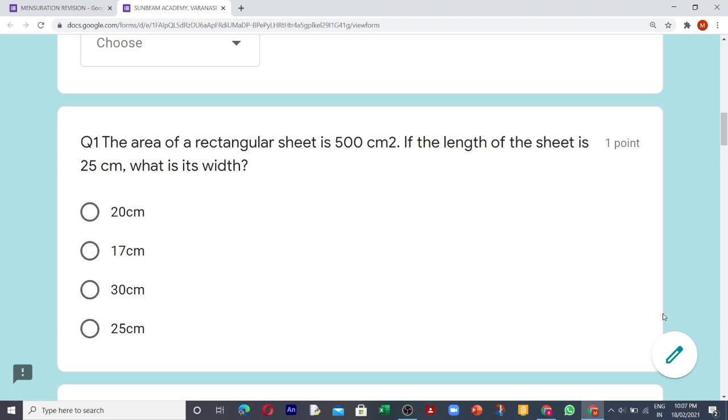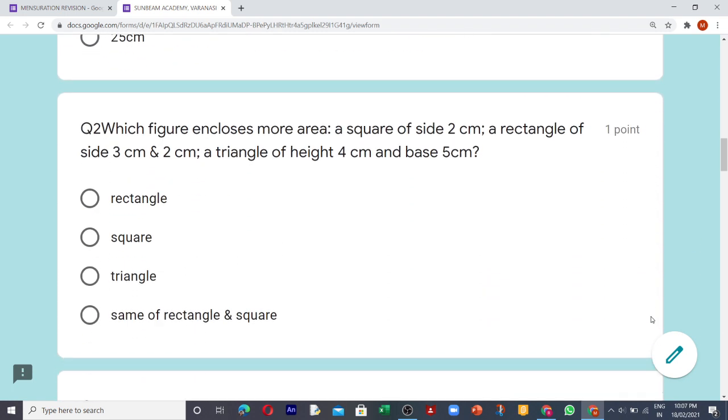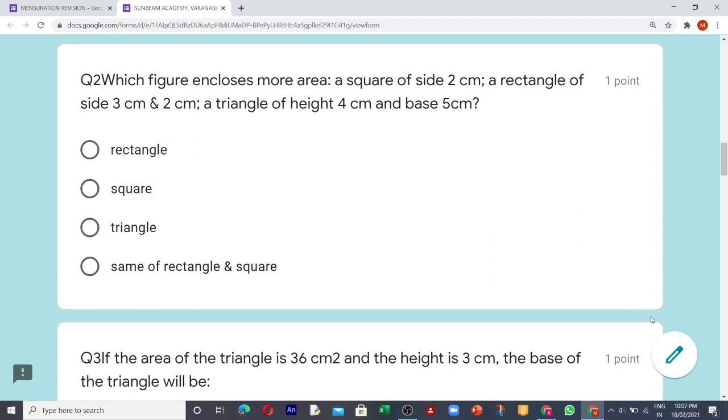Now see the next question. This is the second question. Once you click on the link, you will get it automatically. You will get the question, you have to click on the particular answer, and then you have to take the correct answer.